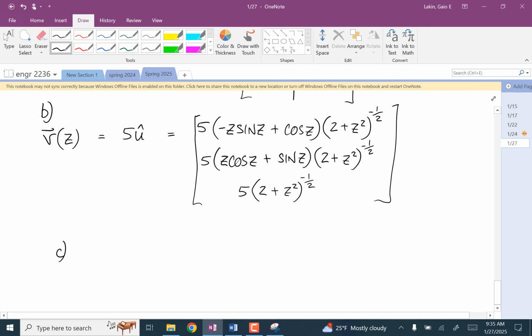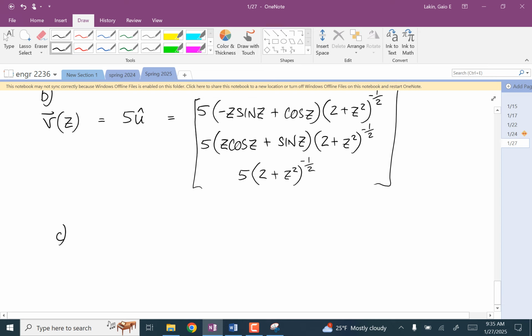But notice that now we're at the point where our previous chain rule problem started. We have the velocity as a function of a position variable, and that means that the acceleration is just equal to dv/dz times dz/dt.